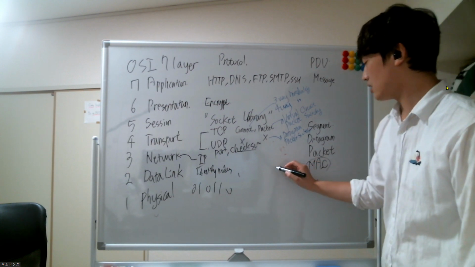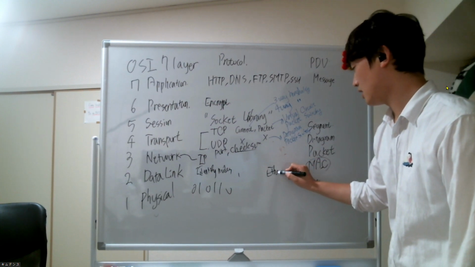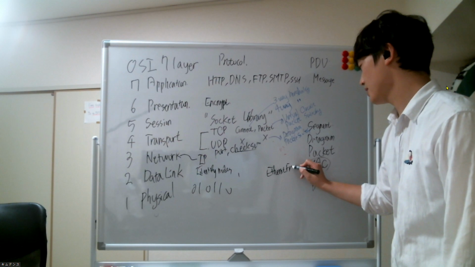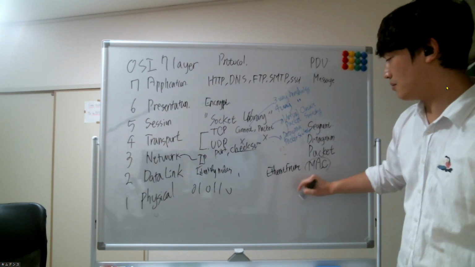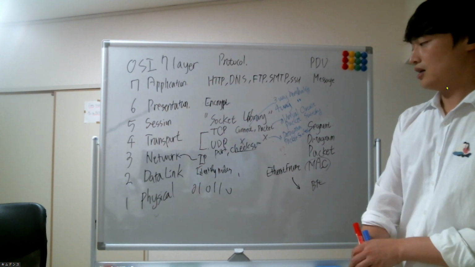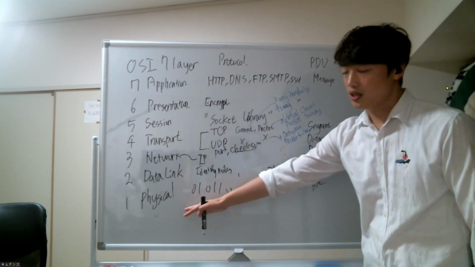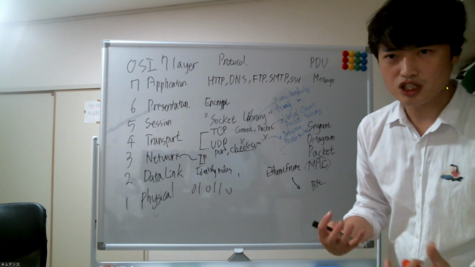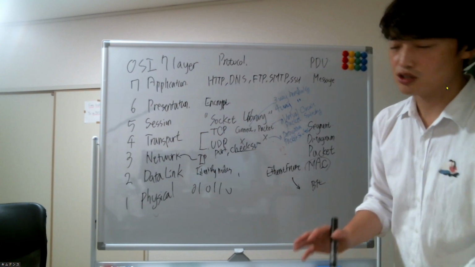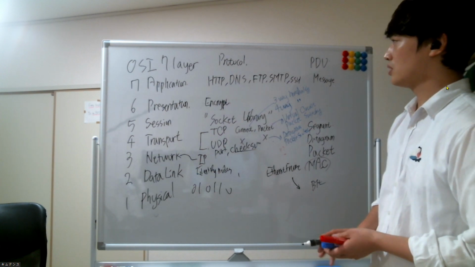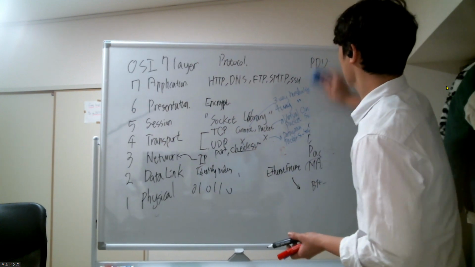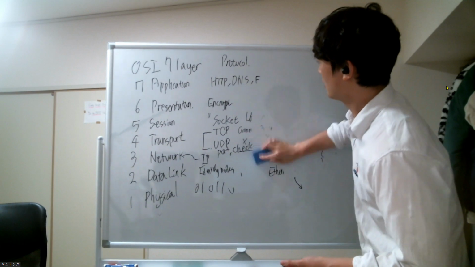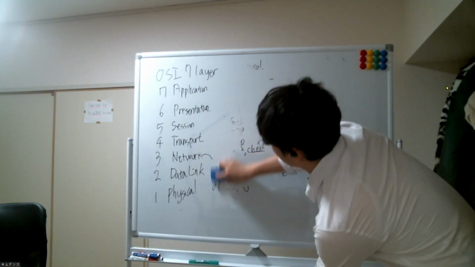But here it's the Ethernet frame that encapsulates the whole data, and it becomes bits. So here, what kind of voltage should be used, what kind of cable should be used. So this is all about the OSI 7 layer, and I will just simplify how the data goes.